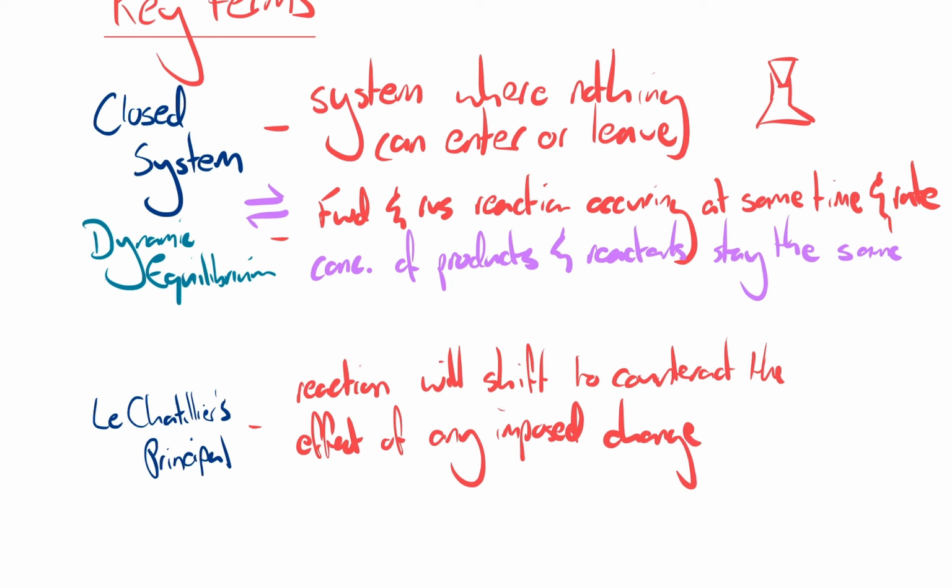And what I mean by that, if we make the conditions warmer, the reaction will shift to make it cooler again. If we increase the pressure, the reaction will shift to try and decrease it again. So it's sort of, and this is why we call it a dynamic equilibrium, because it can change, okay?